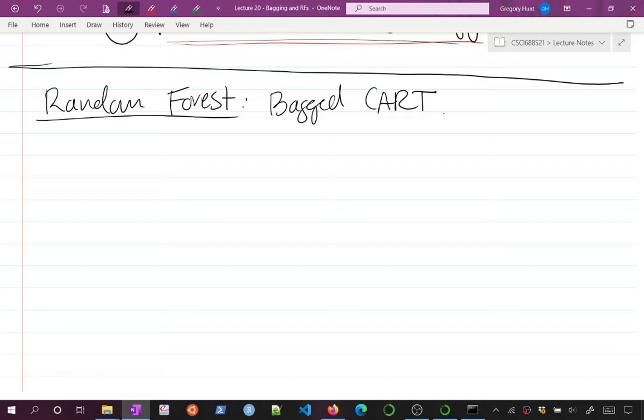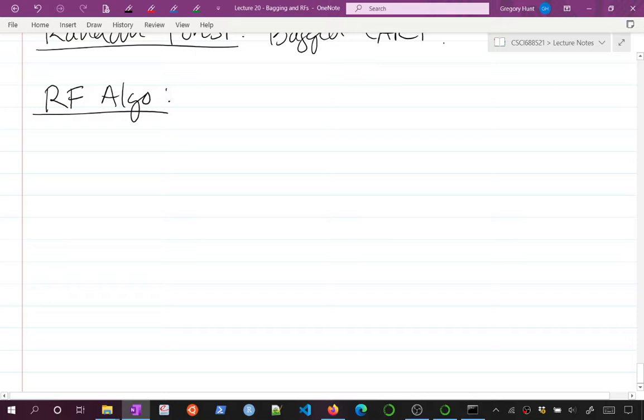And collections of trees are called forests. Hence we have a random forest. So typically this is denoted RF for random forest. And I'll write down the random forest algorithm. It's a little bit more than the bagging algorithm, but it's basically a bagging thing.